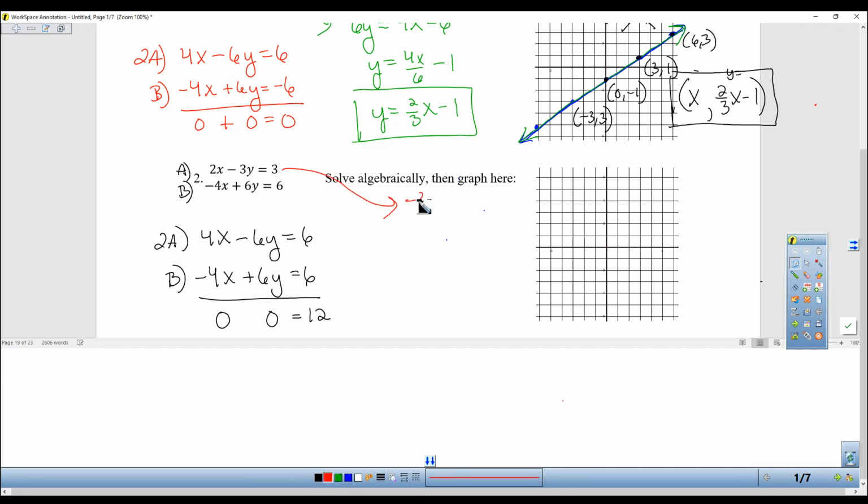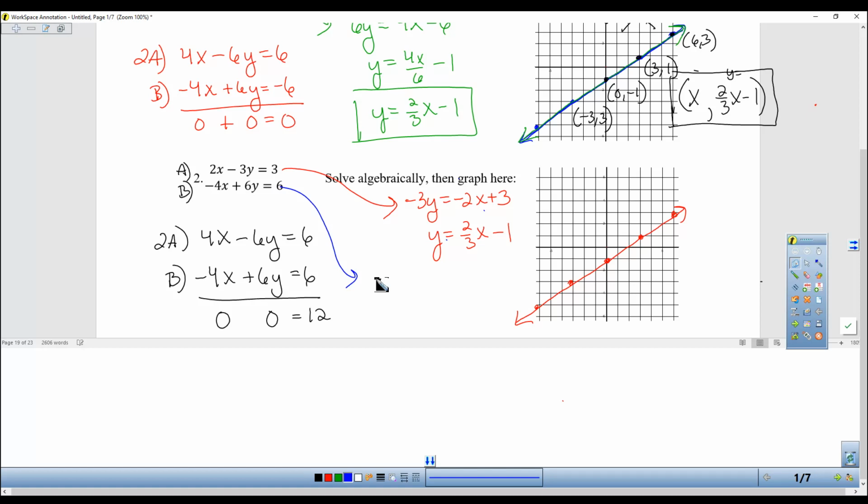So this one, negative 3y is equal to negative 2x plus 3. y is equal to 2/3 x minus 1. Same line. Up 2 over 3. Up 2 over 3. There's my red line.